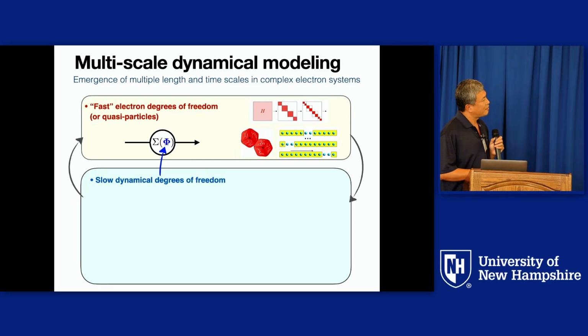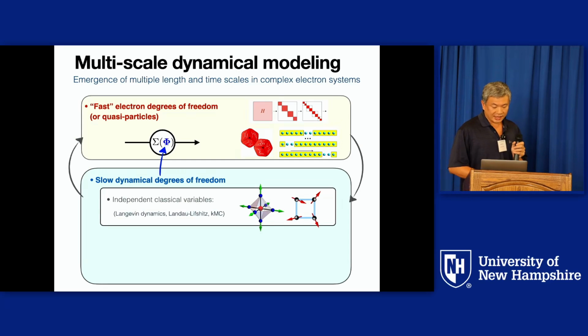Here we are talking about two kinds of slow dynamical degrees of freedom. One is independent classical variables, like lattice distortions or local magnetic moments. We can treat these as classical variables, and they are independent of the itinerant electrons.